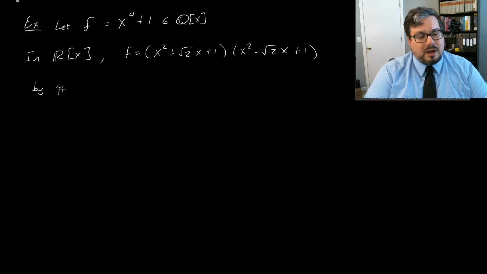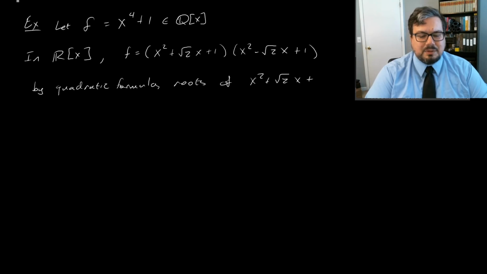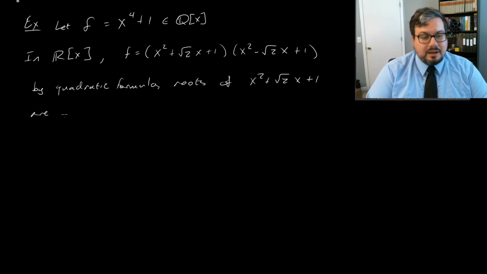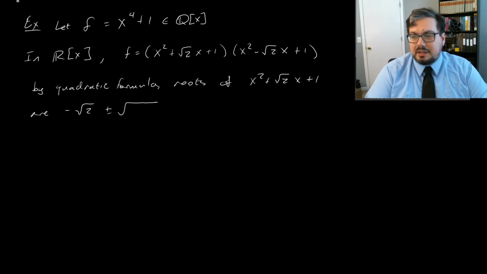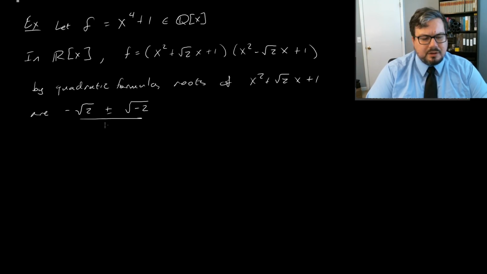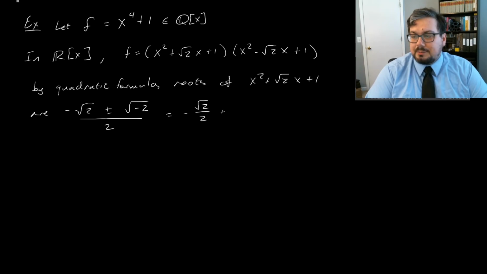So by the quadratic formula, the roots of x² + √2x + 1 are given by negative √2 plus or minus the square root of negative 2, over 2, which is negative √2/2 plus or minus √2/2 i.